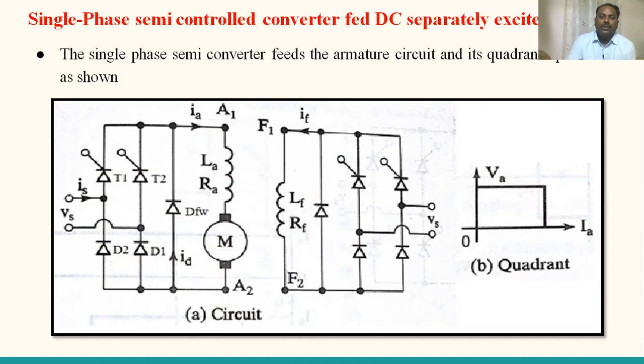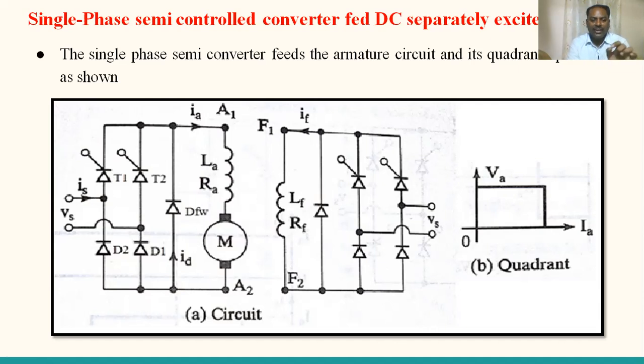So in this description, at least you have to describe what the circuit is having. T1, D1 operate in the positive half cycle. T2, D2 operate in the negative half cycle. All these details you have to describe as a description of the circuit. So how can you write the description? The single phase semi-controlled converter fed DC separately excited motor as shown.